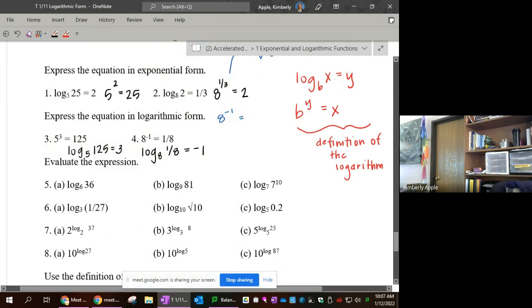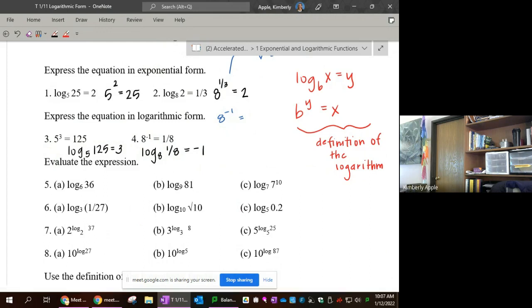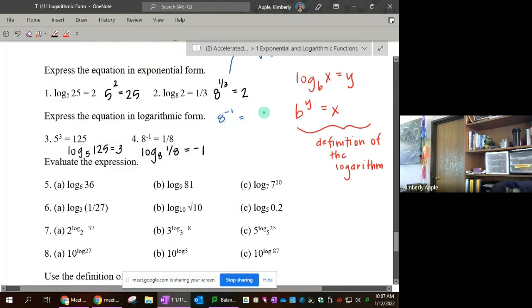What do we do with that? Yeah, you move it. If it's on top, you move it to the bottom, and if it's on the bottom, you move it to the top. So if I move this into the denominator, it becomes 1 over 8. So that's why this is true.